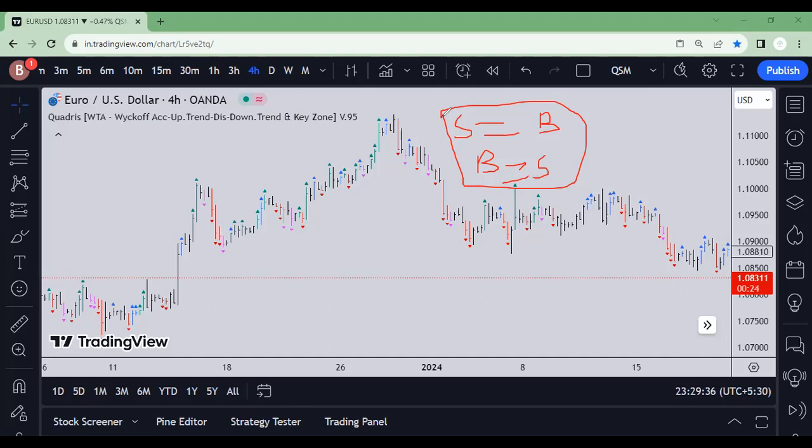And these sellers and buyers are big players, people with deep pockets who are the movers and shakers of the market. So based on this idea, I have developed this tool.